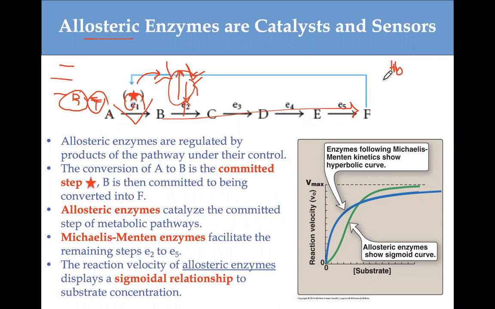So hemoglobin, in case of hypoxia or anemia, where there's low oxygen present in the blood, you want to give your tissue as much oxygen as possible. You want to give it to the tissue. You don't want any oxygen staying bound to hemoglobin. You want it to be delivered easily to the tissues.